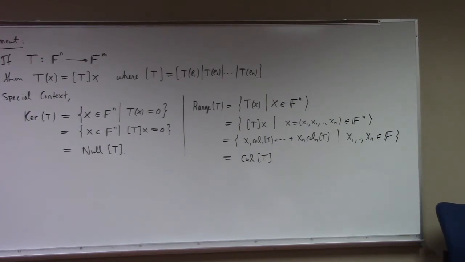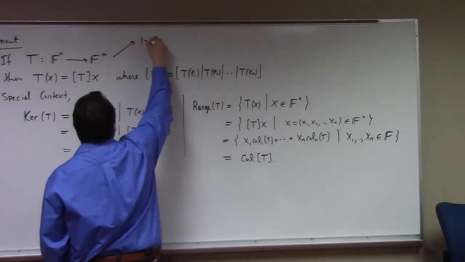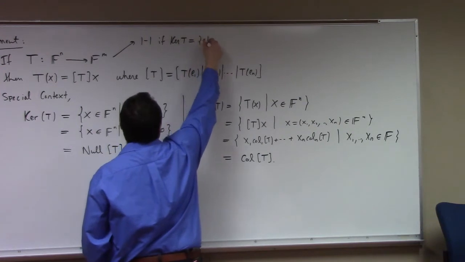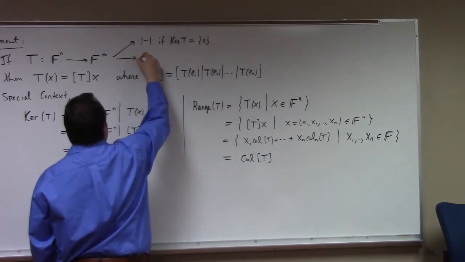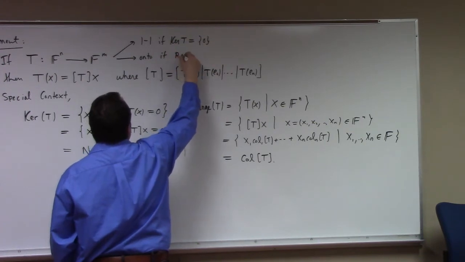How would you tell if a linear transformation from Fn to Fm was onto? How would you tell if it was a surjection? It's 1-to-1 if the kernel of T is 0, right? It's onto if what? The range of T is equal to what?